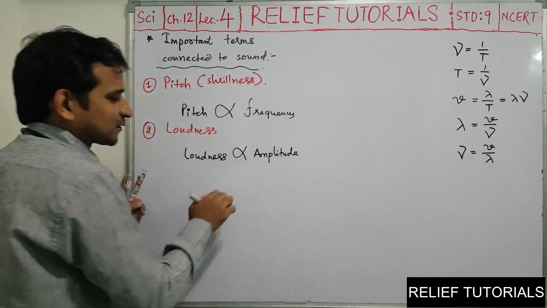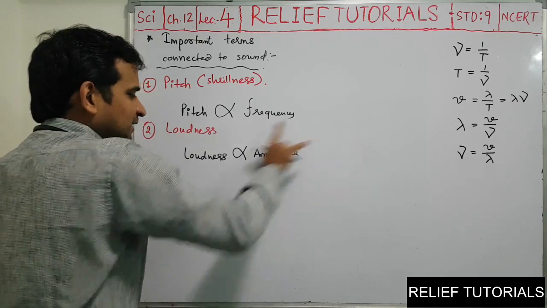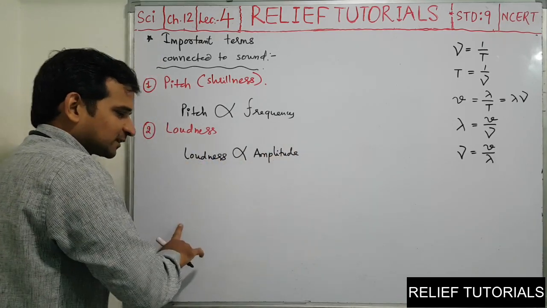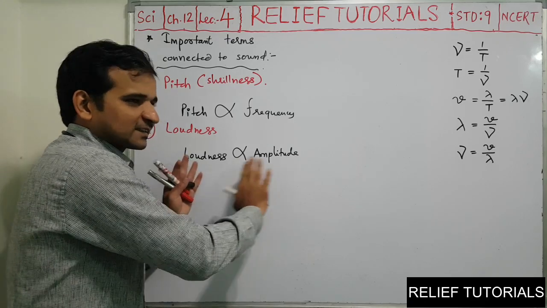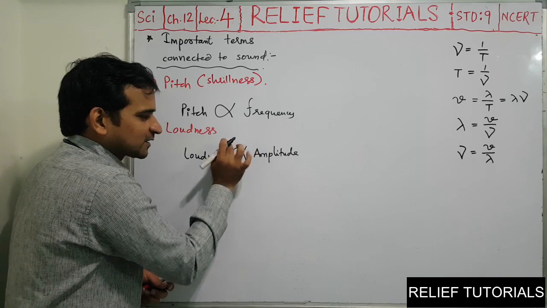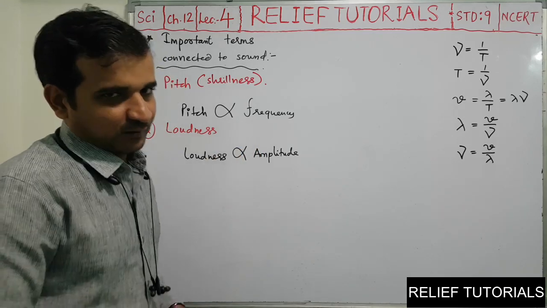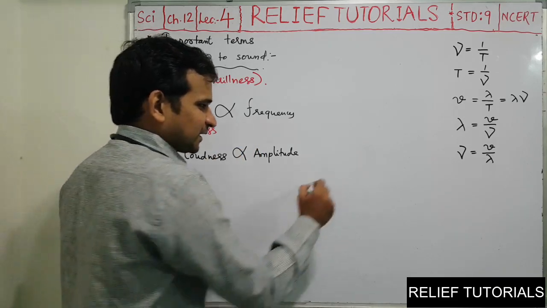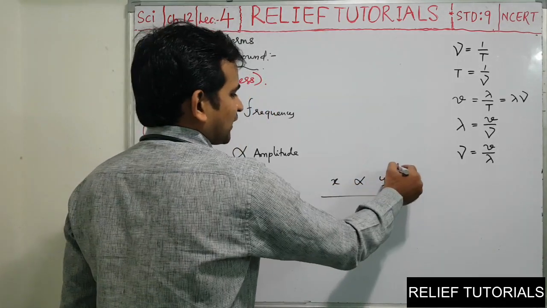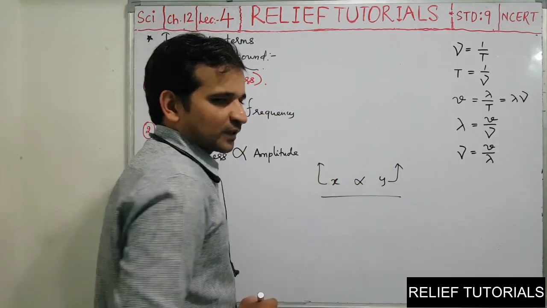Directly proportional means what? As the amplitude increases, loudness increases. Amplitude decreases, loudness decreases. So when two quantities have the same relation, they can be represented by the symbol for directly proportional. Mathematically, if I say x is proportional to y, it means as the value of y increases, the value of x also increases.